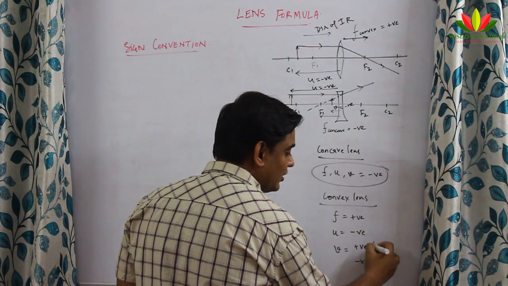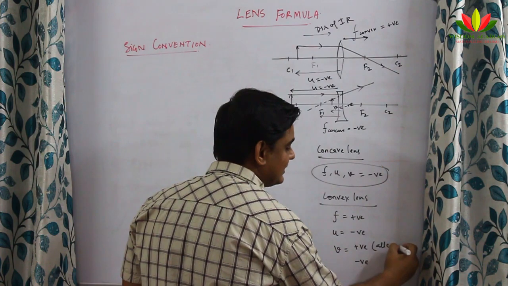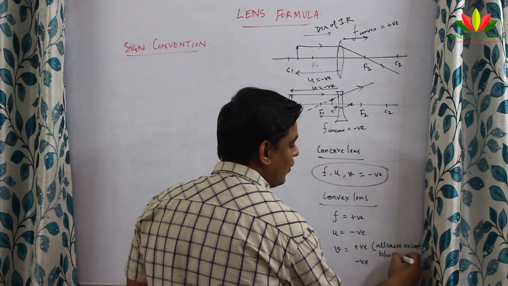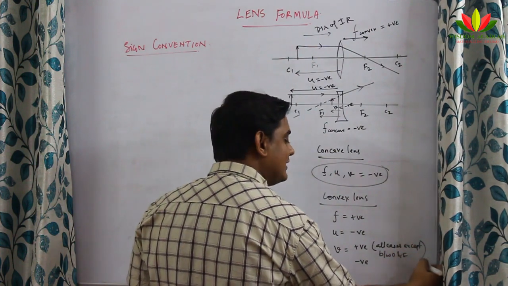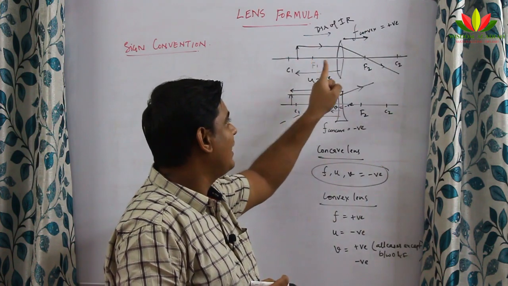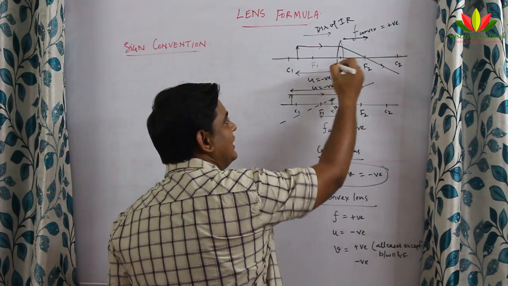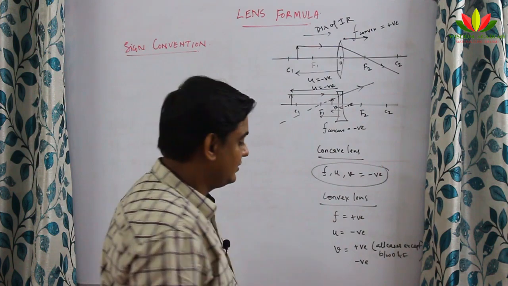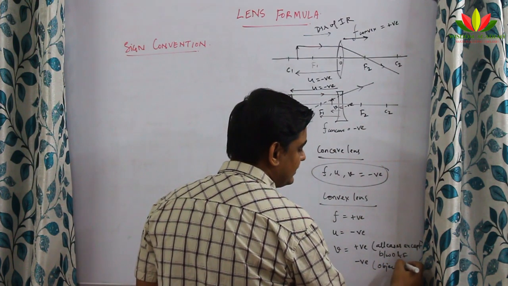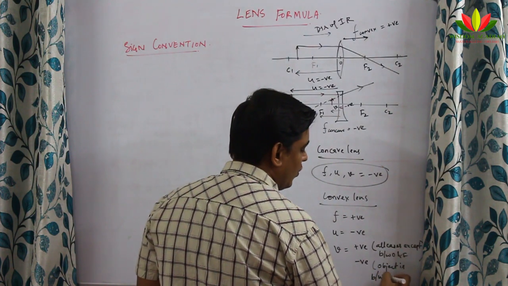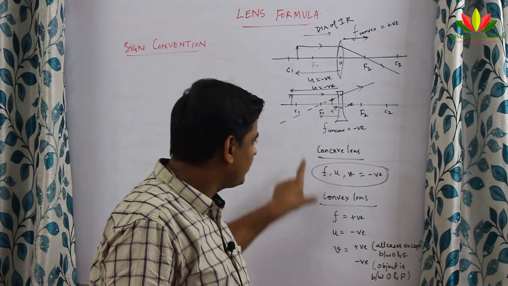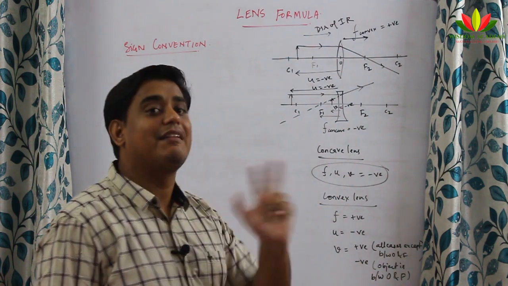When it is positive, it is in all cases except between O and F. So all the cases except the case when the object was between O and F, optical center and focus, it will always be positive, whereas V will be negative when the object is between O and F, optical center and focus. So this is one of the very important sign conventions. So you can remember this.